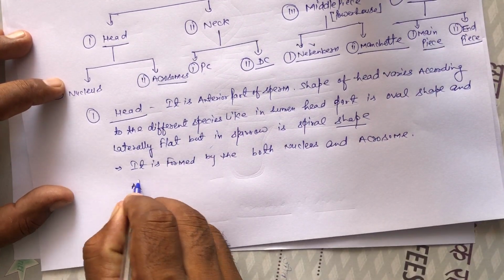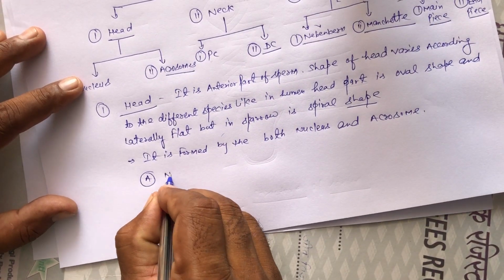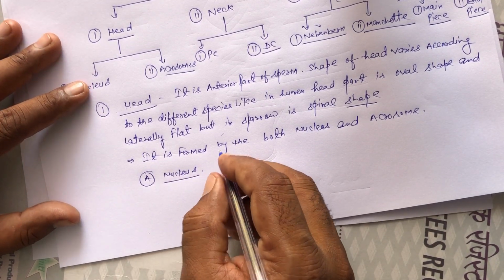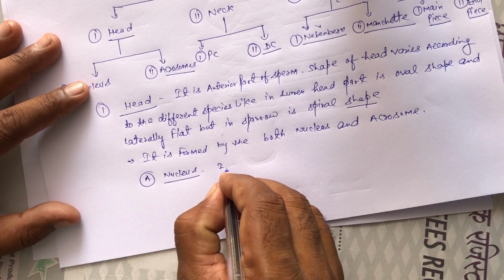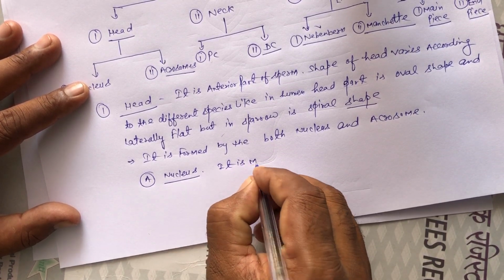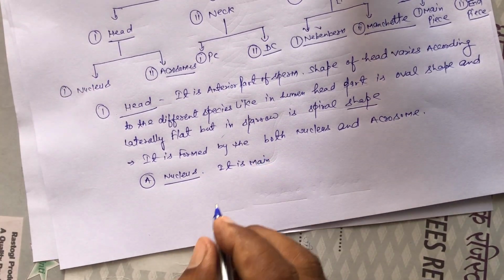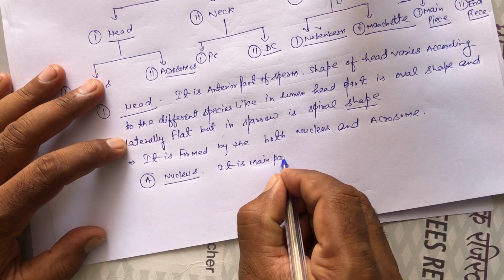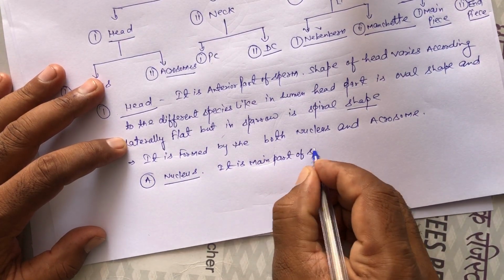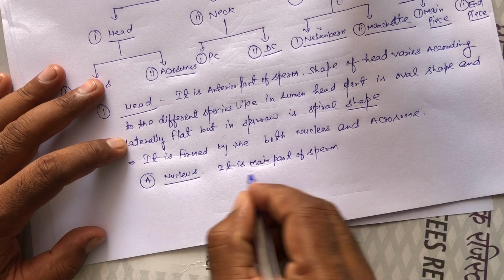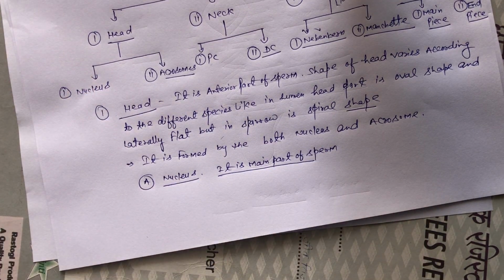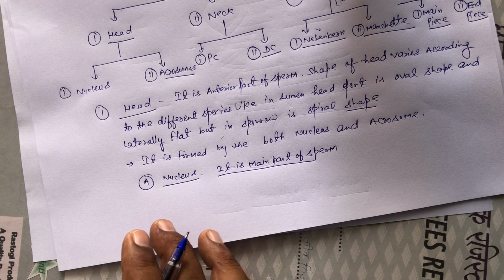First is the nucleus. It is the main part of the sperm, because the nucleus has DNA or chromatin matter.